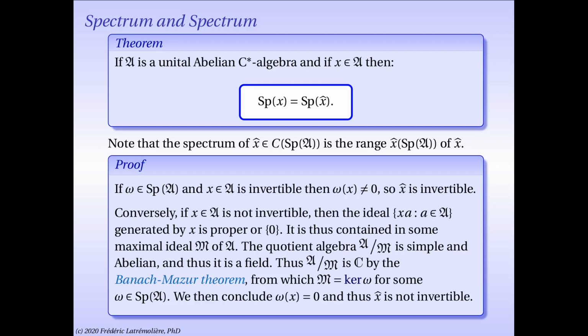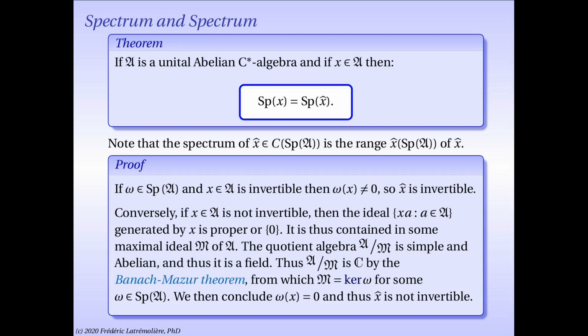So in other words, in less fancy terms, the unit does not belong to this ideal. Why? Because if the unit belongs to this ideal, then there is an a in your C-star algebra such that x times a equals the unit. But then, because the algebra is Abelian, a times x is also equal to the unit, and we conclude from that our x would be invertible, which contradicts our assumption.